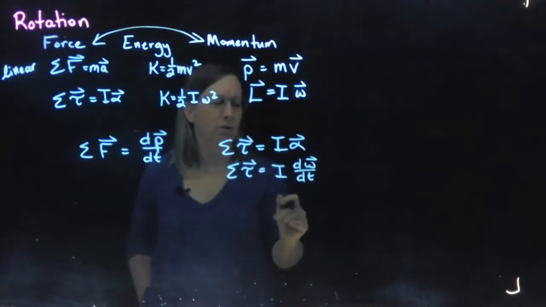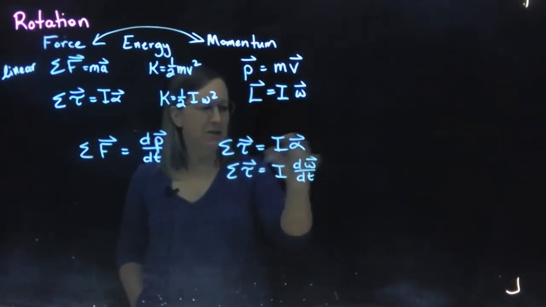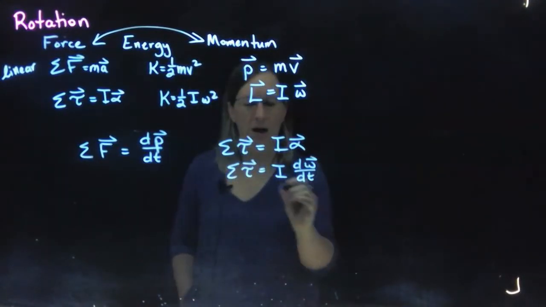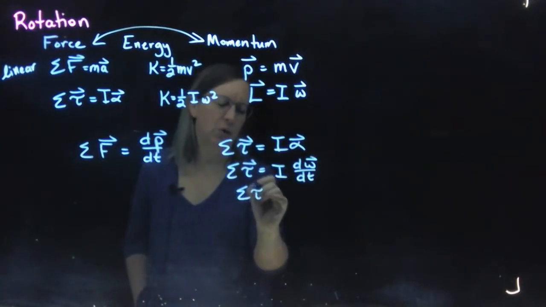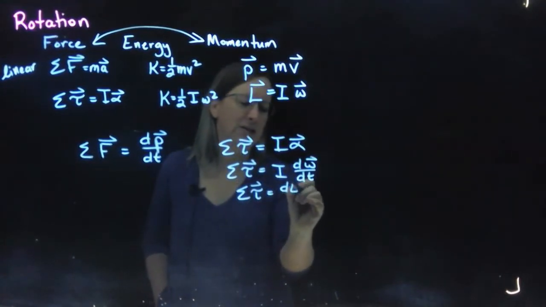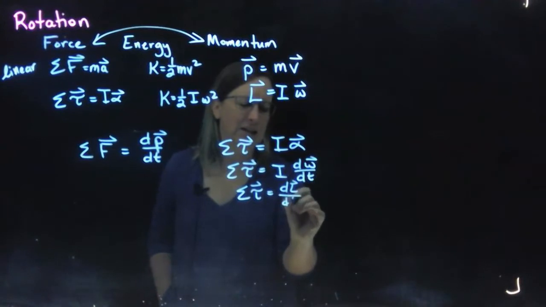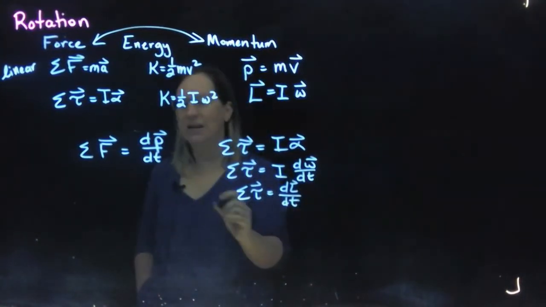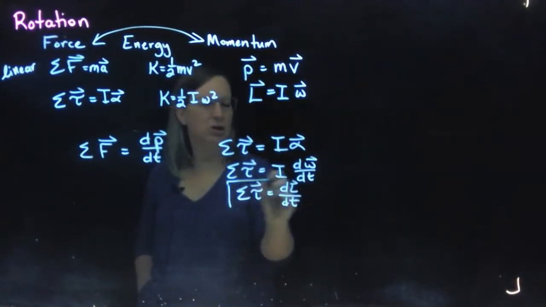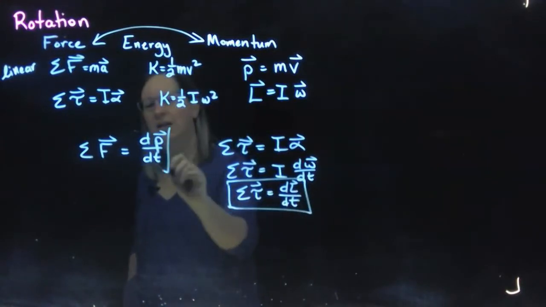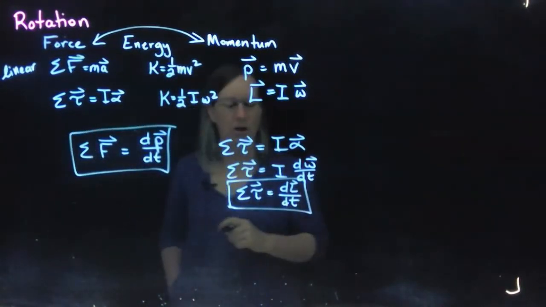If your moment of inertia is constant, you can plug that in. This becomes I omega, or the sum of the torques is equal to dL dt. And so this is again the more general expression of Newton's second law, just like this was the more general expression of Newton's second law for rotation.